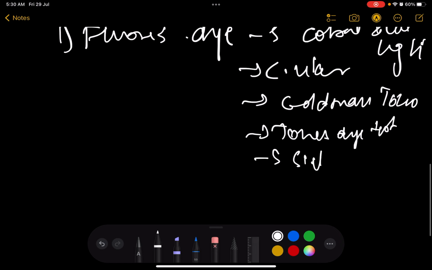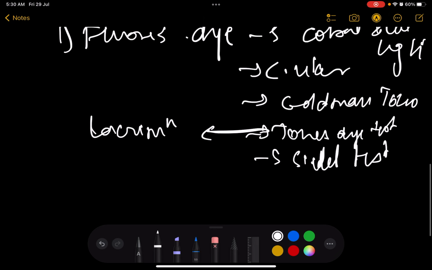Now your Jones dye test is for lacrimal apparatus damage, and your Seidel test is basically for penetrating trauma. How does this help with the lacrimal apparatus? Basically, it goes into your tears, and you can see if there is damage to the lacrimal apparatus. Correct. This is a fluorescent dye test.